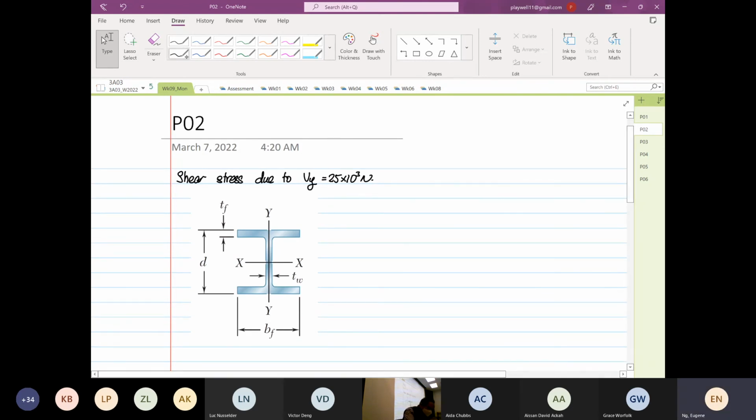So when you look over here, we're going to use thin wall analysis. Wide flange, like what I taught you guys, is always just Q. Okay. So now we are going to look at Vy. So Vy is coming in at 25 times 10 to the power 3 Newton. Okay. Then we construct the shear flow.